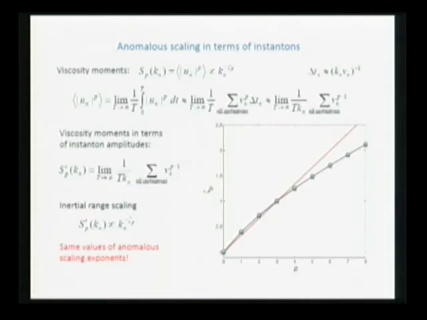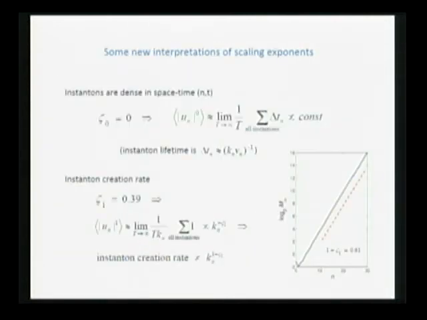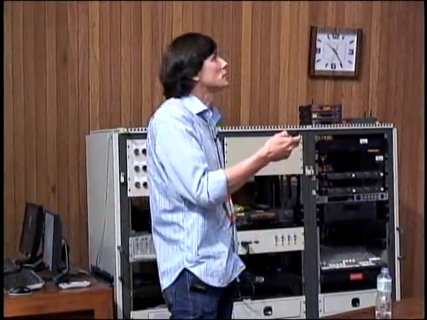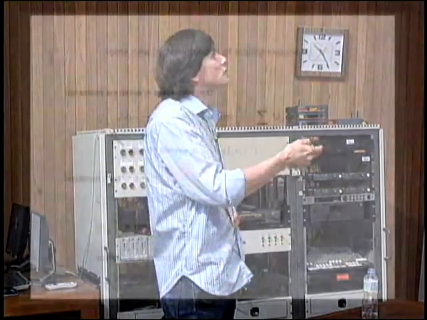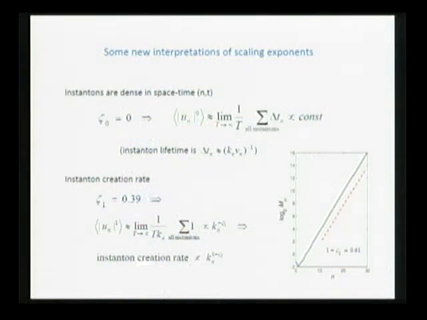In terms of the sum, the zero moment is the sum of the time occupied by the instanton in the shell. The fact that it's constant just means that the instantons are dense in space-time. So this is the first non-trivial implication. The second implication is that psi 1 now determines the rate of instanton creation, so how many instantons are in each shell. It's just a sum over ones.